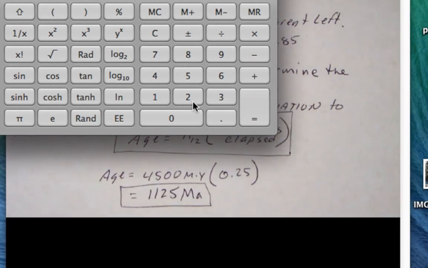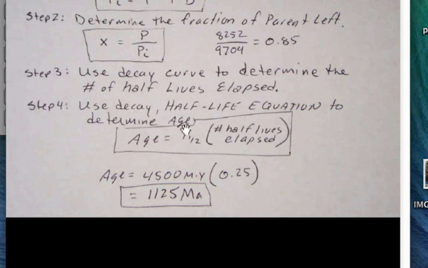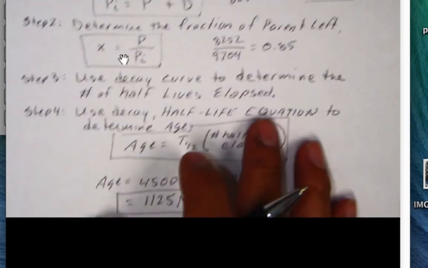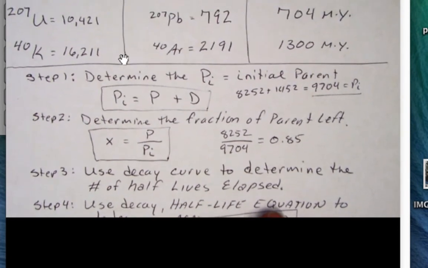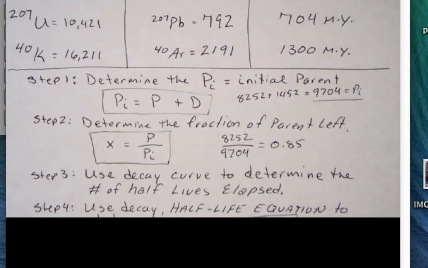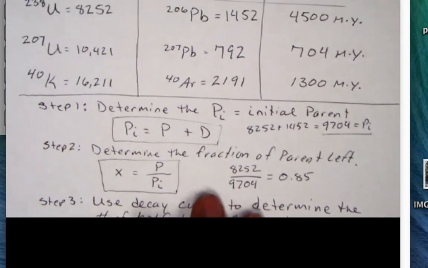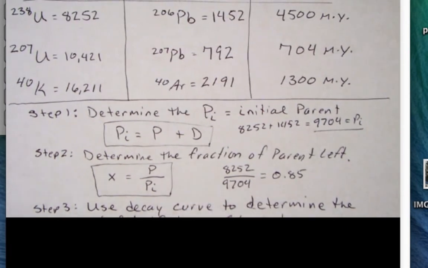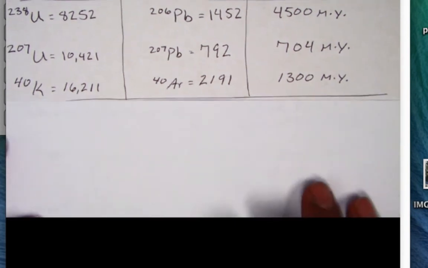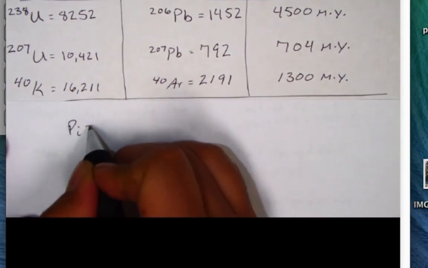All right, so maybe we'll try one more. Now for this next one, let's go back here. Note that we'll do the potassium argon one here. So that's the parent potassium, the daughter is argon. So the first thing we're going to do, step one for this, is we're going to get the parent initial, right?